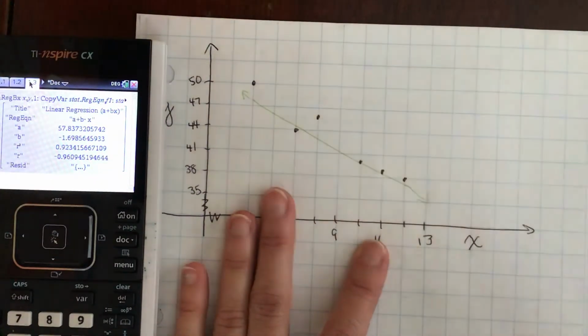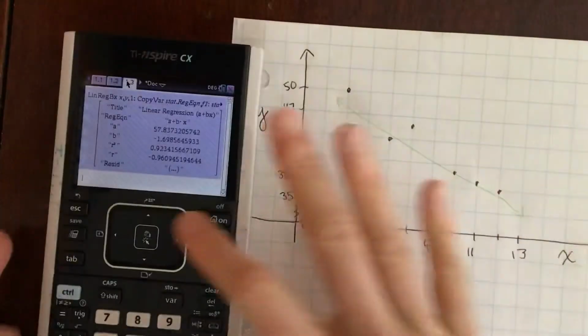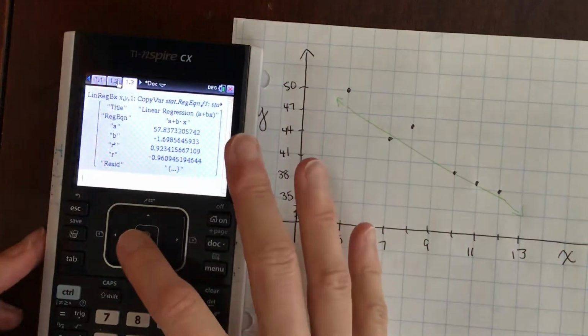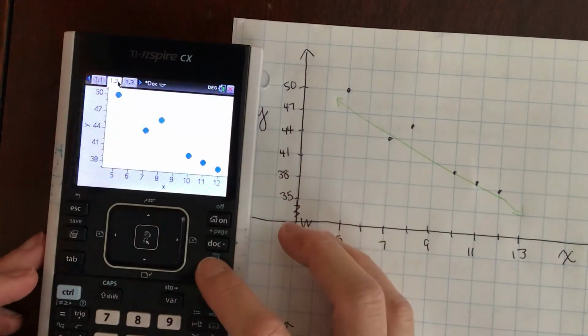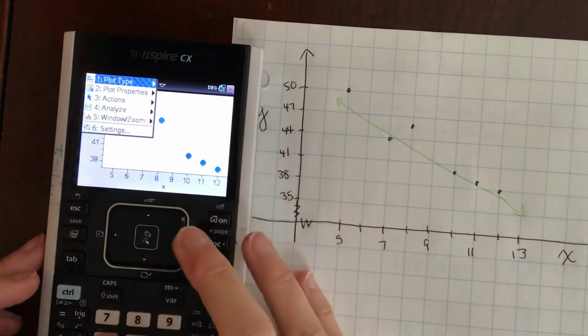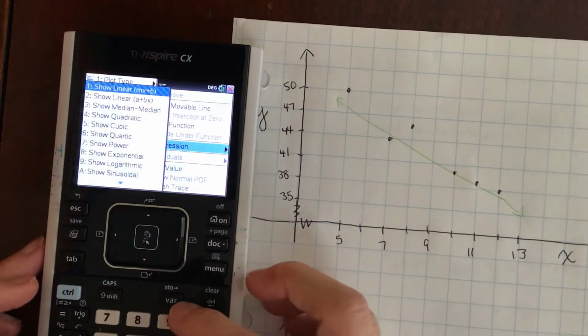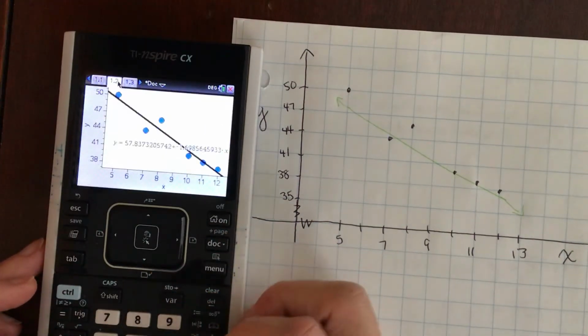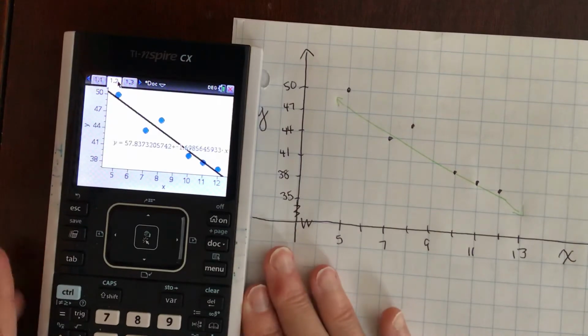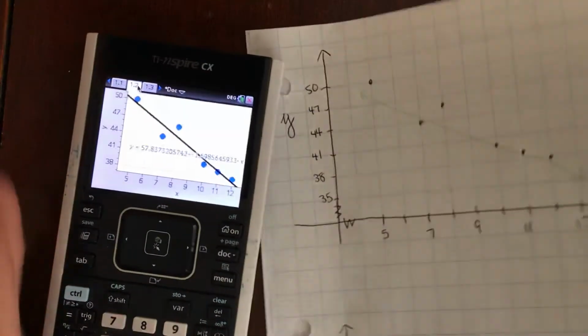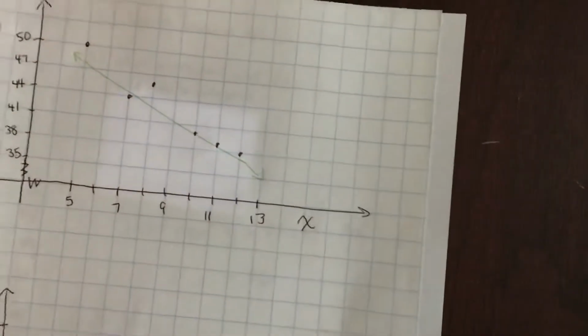So I do want you to see visually what the regression line looks like on the calculator. So let's go back and look at that. So if we go to menu and analyze and regression and show linear, that shows what the line should look like, and that's my eyeballing attempt.